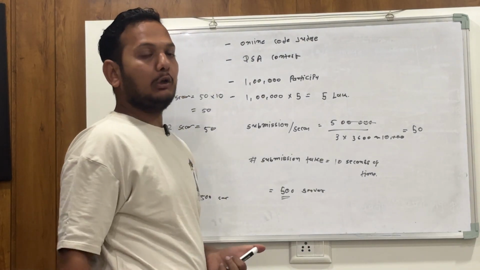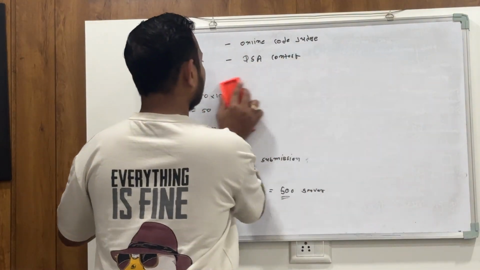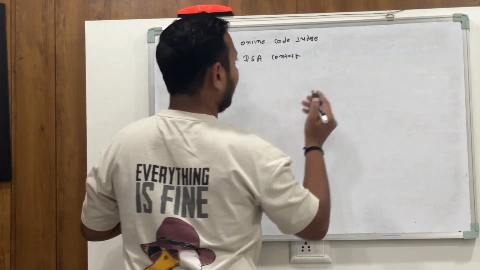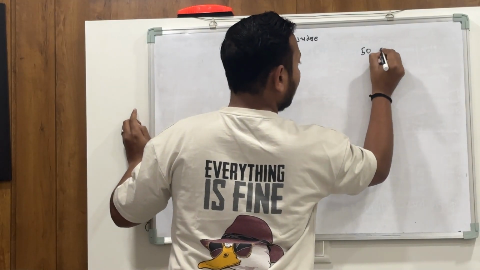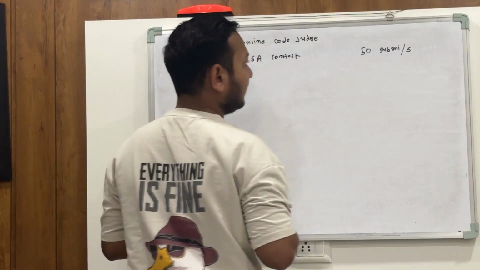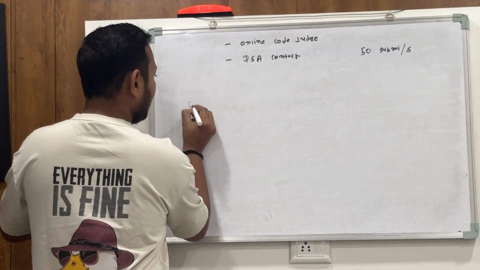Now let's draw the diagram of how the architecture will look, right? So let's write 50 submissions per second, right? So there are users, right?